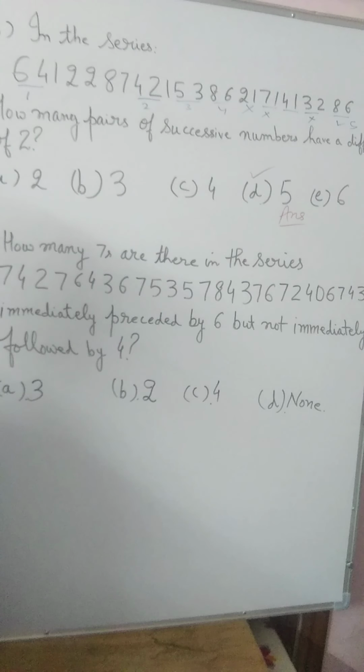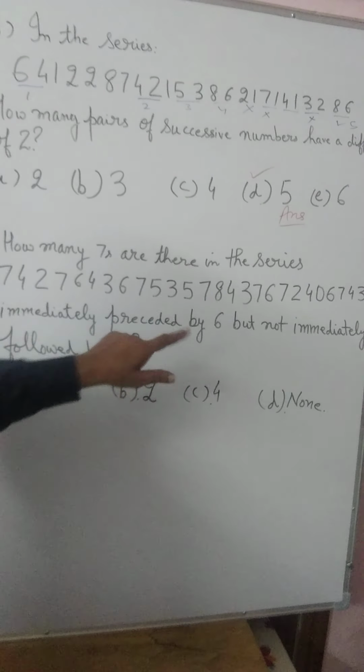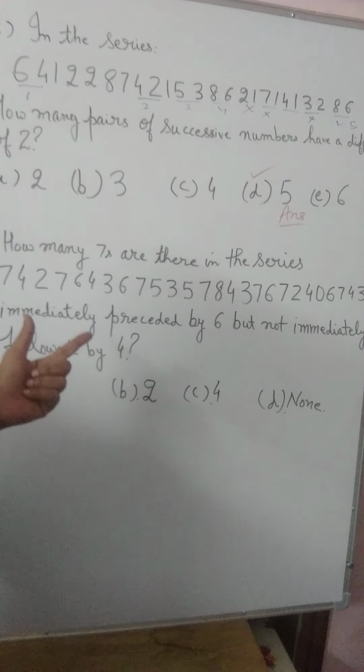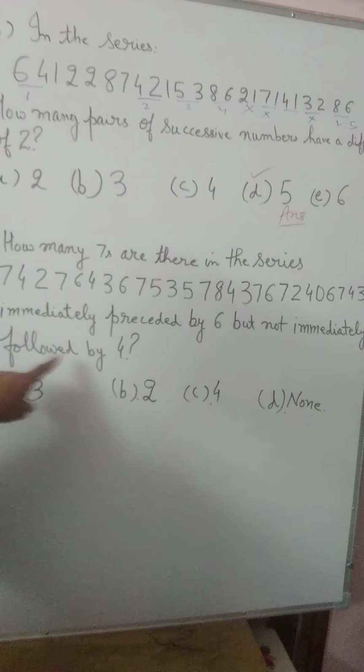Now see here what he wants: immediately preceded by 6. He says that before 7 there should be 6, but not immediately followed by 4. Before 7 it should be 6, and the next number after 7 should be other than 4.